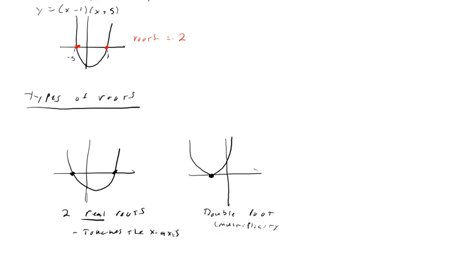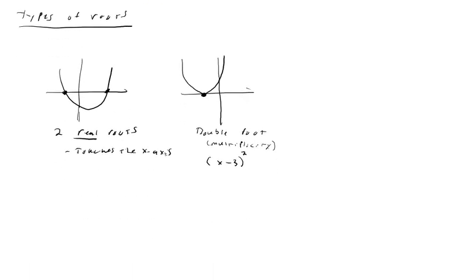It happens when you have something like x minus 3 squared. The multiplicity is the exponent. So this is a double root. You can have multiplicities of 3, you can have multiplicities of 4, whatever your exponent is.